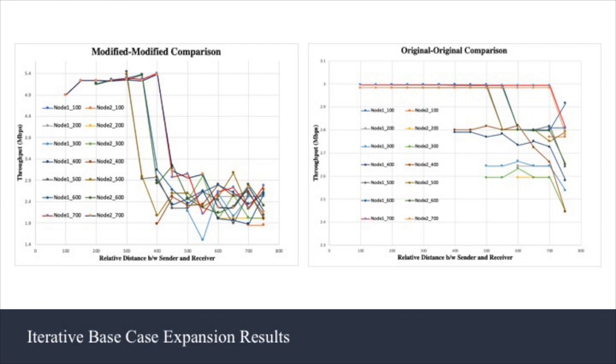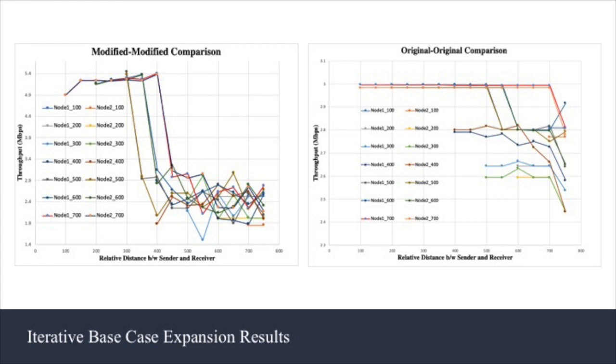But if you look at the rightmost portion of both graphs, where the distance between senders and receivers is maximum, the original protocol is able to perform in a more fair notion of throughput.